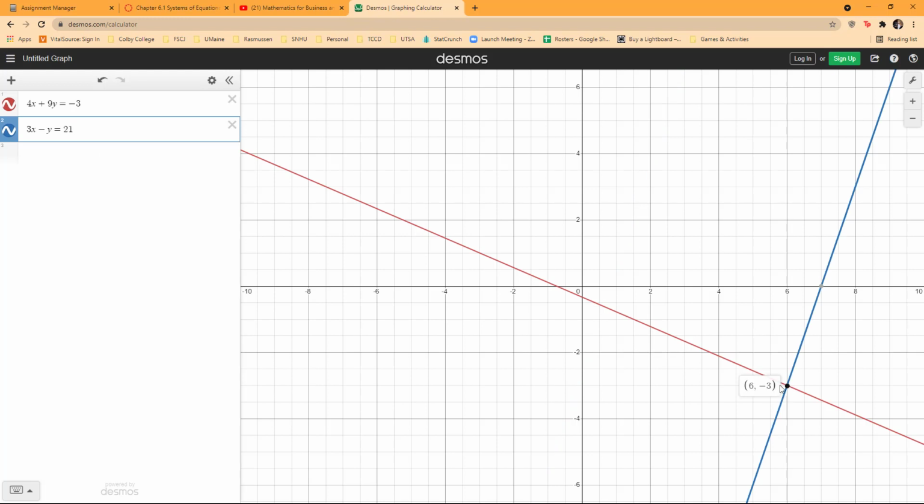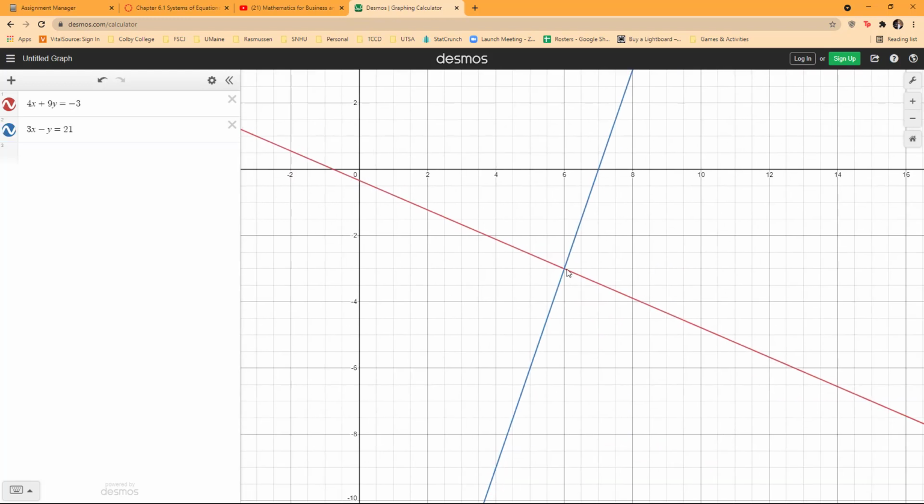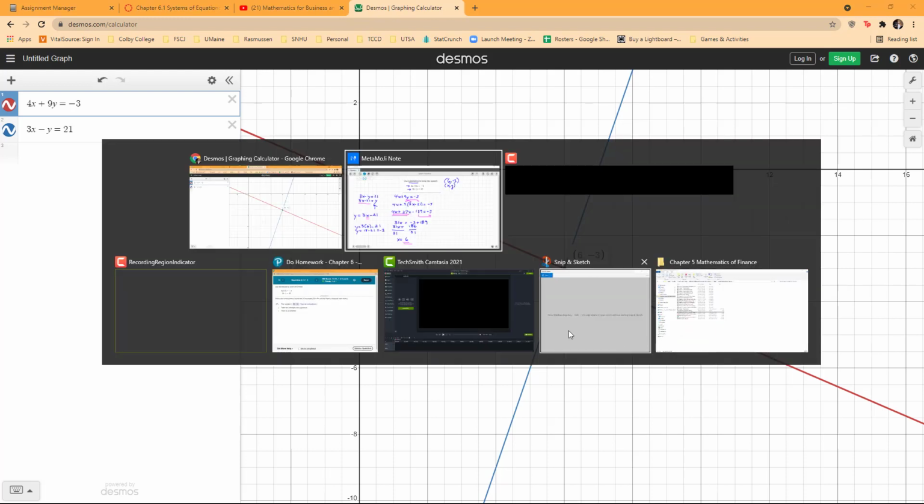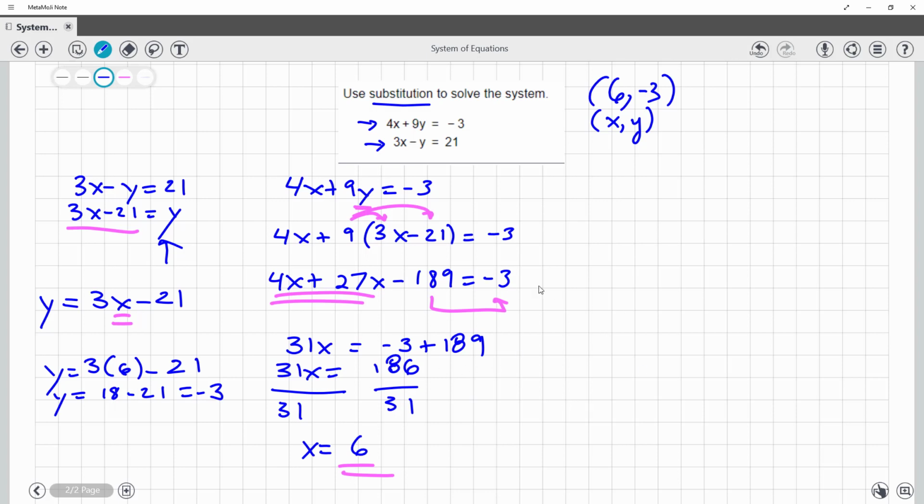And I think it's important that you even understand that's what you're doing. You're trying to see where these two equations have the same ordered pair, or where they cross, and doing it manually is fine. If you have a question where it's a fraction, you're going to have to know how to do this anyway, but the graphing certainly gives you a way to check your answers very quickly.